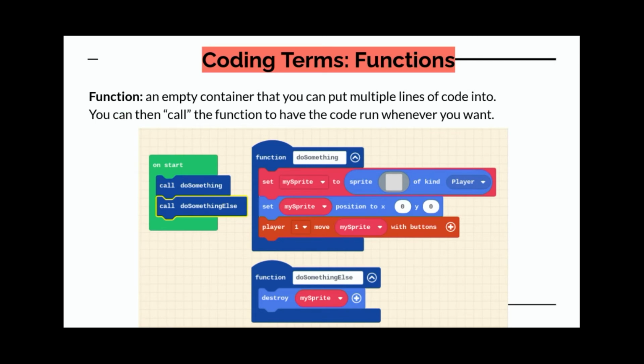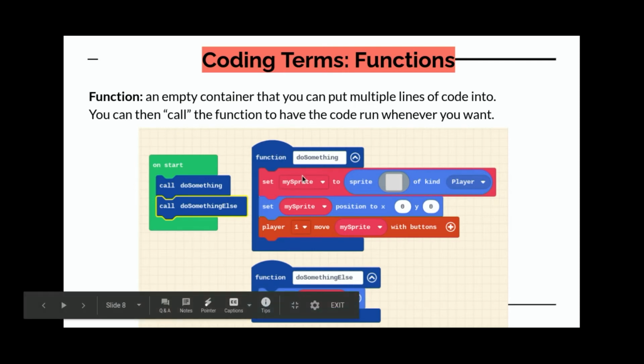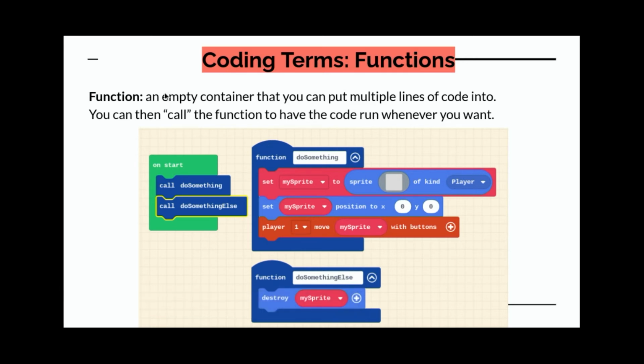All right, third thing to go over, functions. You guys use functions hopefully in Code.org already. But functions, you might remember them. They were green in Code.org, I believe. In MakeCode, the thing that we're going to make games in, they're blue. So these are two functions I made just as a very quick and easy example. But a function, don't think too hard about functions.